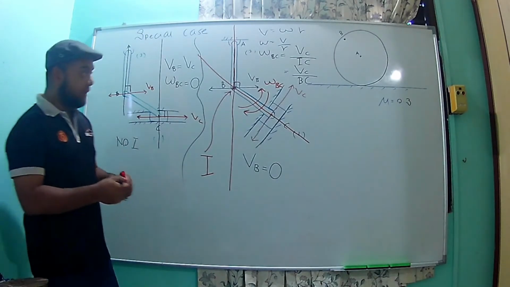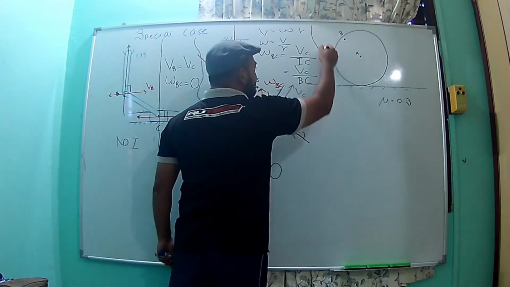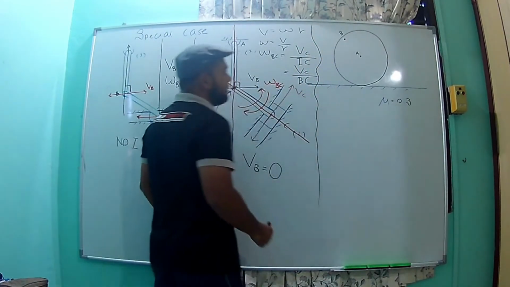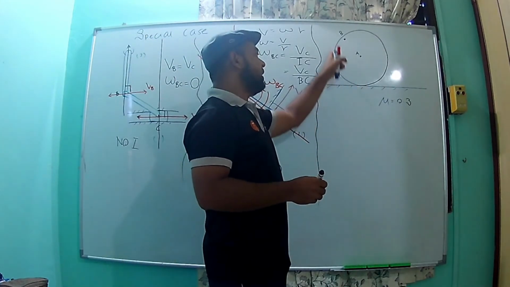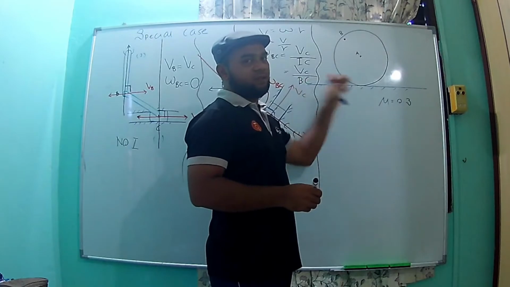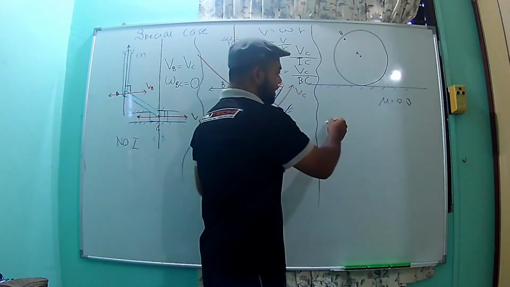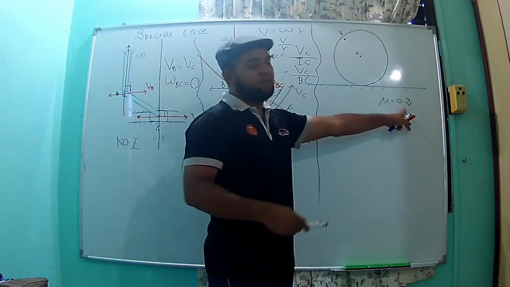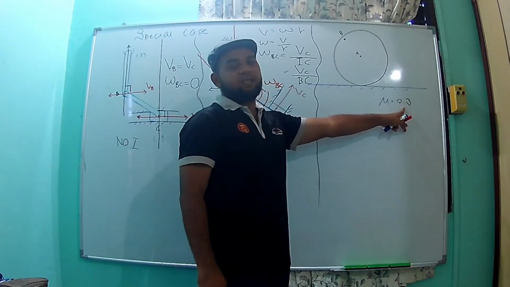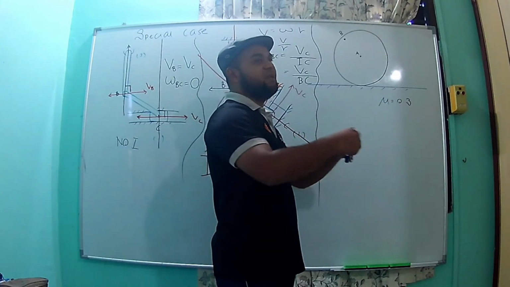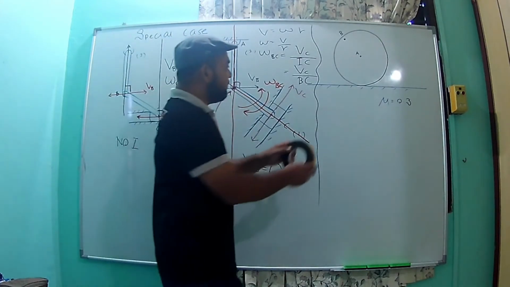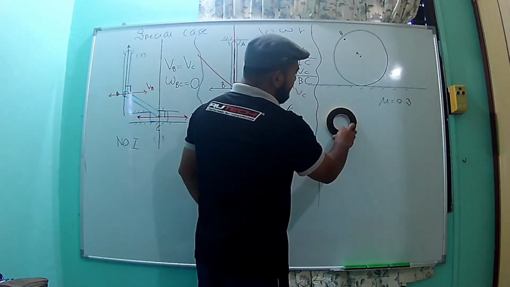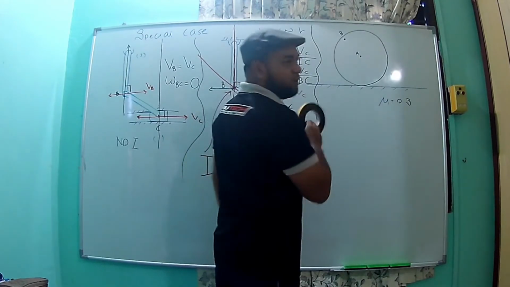Okay, and the last one, we have the third special case. It is a ball or something that rolls on a surface. It is not sliding like this one, but it is rolling because we have friction. It is not a smooth surface, so it will be rolling. Let's say we have this component, it will be rolling and moving forward.